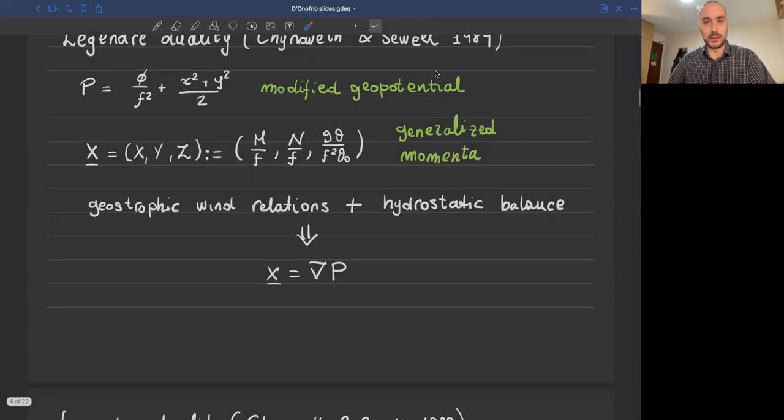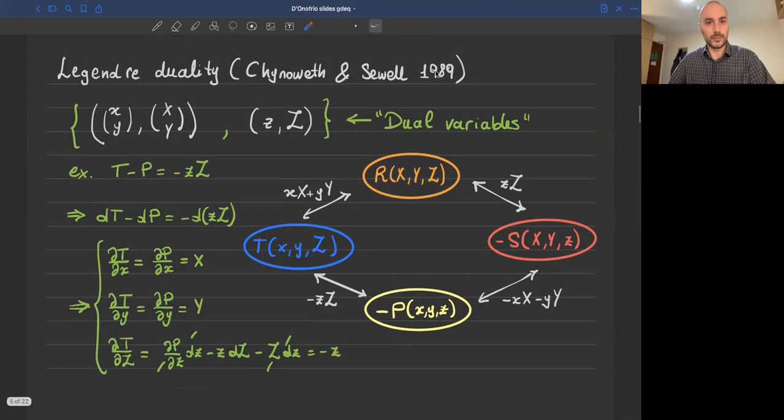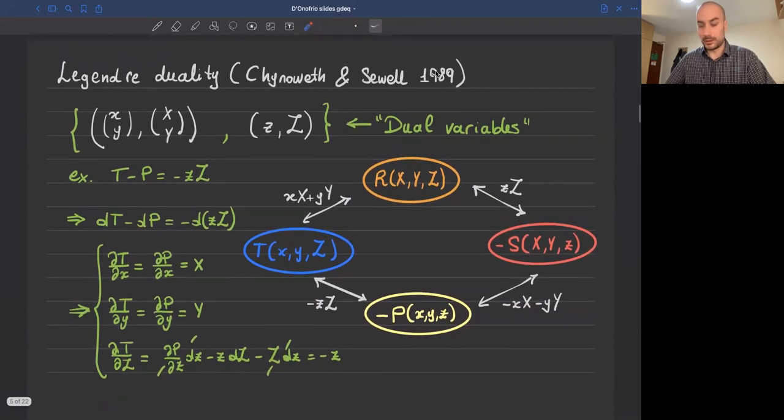Let's explain exactly how. Well, it turns out that if we define as dual variables these two sets of variables, we call them sets of dual variables. This is dual to this, right? This is dual to this. Then we are able to write a quartet of Legendre transformations, which is very much similar to the classical one of thermodynamics.